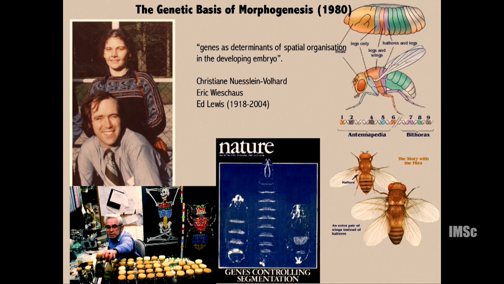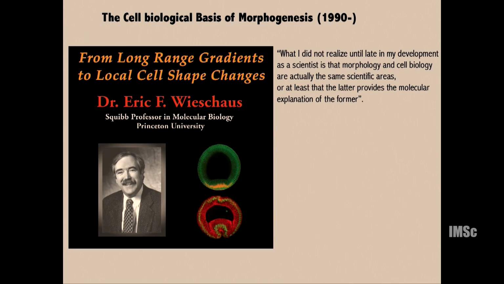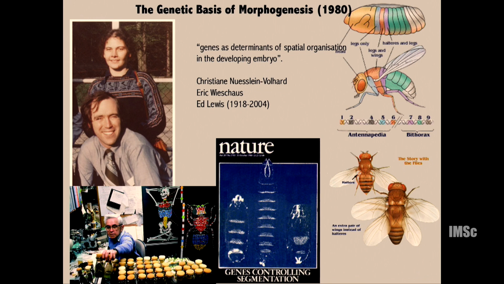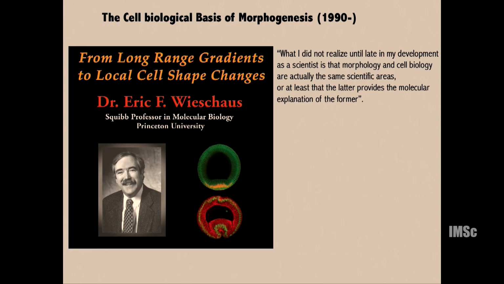It was this sort of trio of people who won the Nobel Prize in 1995 that actually first established that genes are determinants of spatial organization in developing embryos. Right?